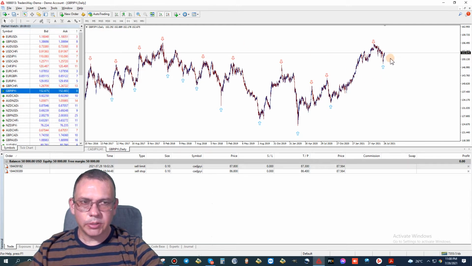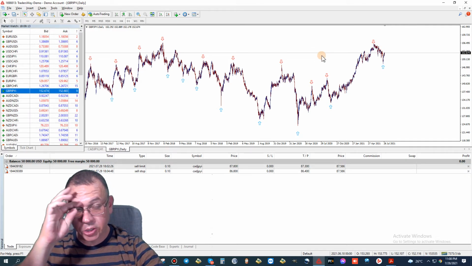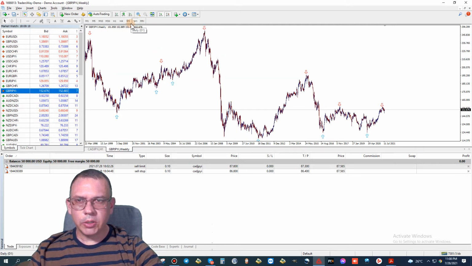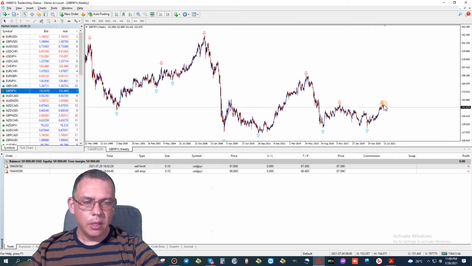So yes, it could have another lower blue arrow, which I think will happen actually, because I already drew a trend line here showing you that on the naked chart. I'm not going to draw it again, but basically the weekly chart is stronger than the daily chart, so we feel very strongly this will be dropping. Okay, so we want to sell only.